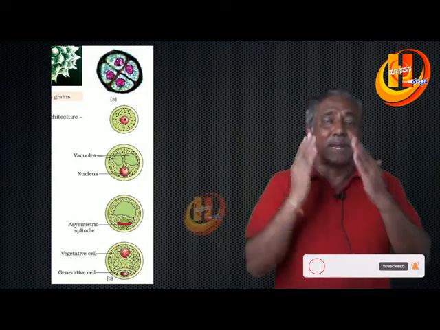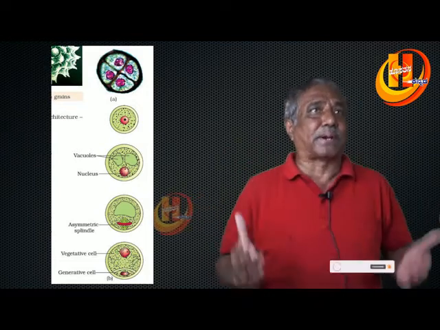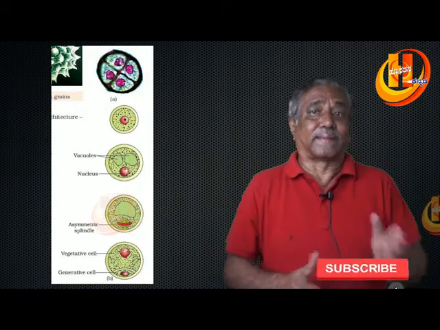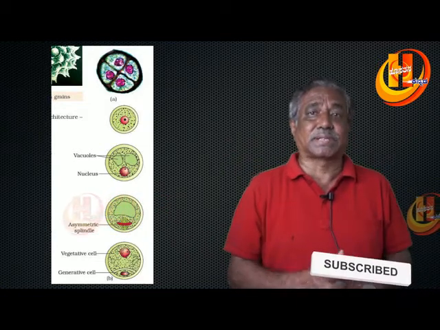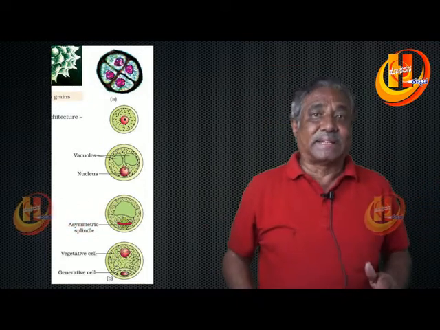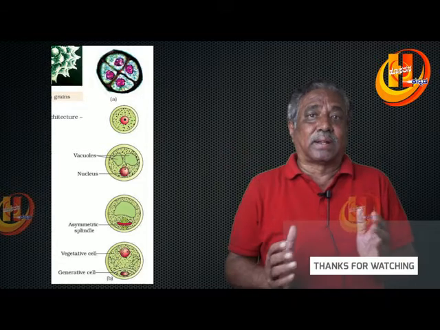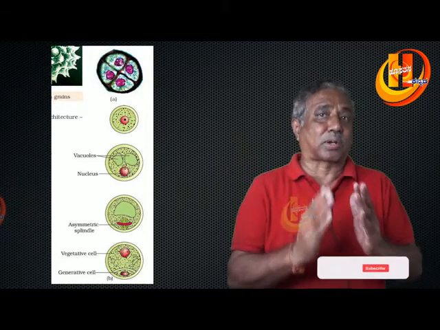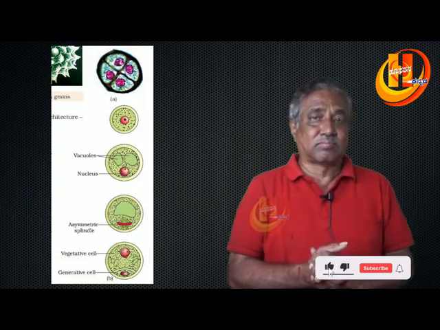Coming to the female reproductive system. The female reproductive system is known as the gynoecium. Gynoecium consists of ovary, ovule, style, stigma. And the ovary may be monocarpellary, with a single carpel present.